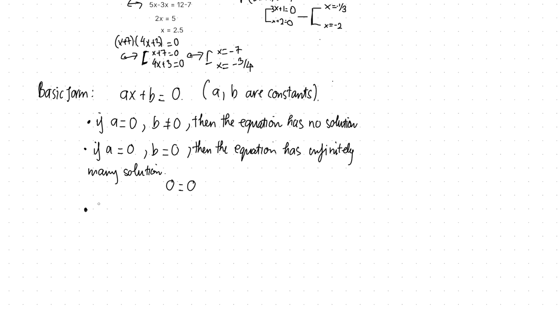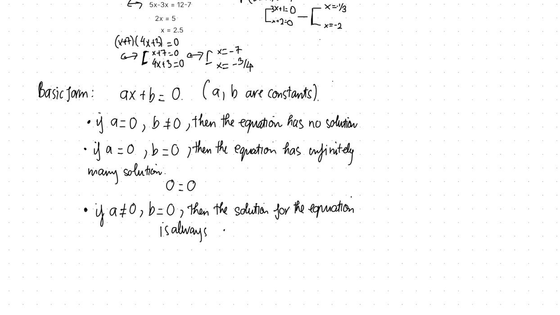And if A is non-zero and B is 0, then the solution for the equation is always x equals 0.